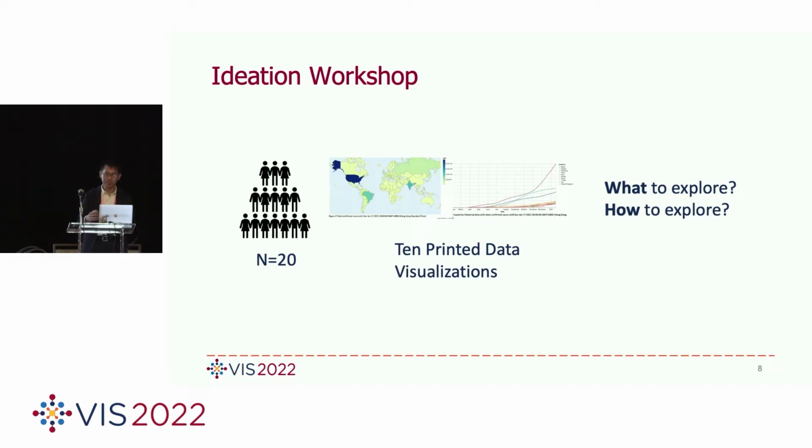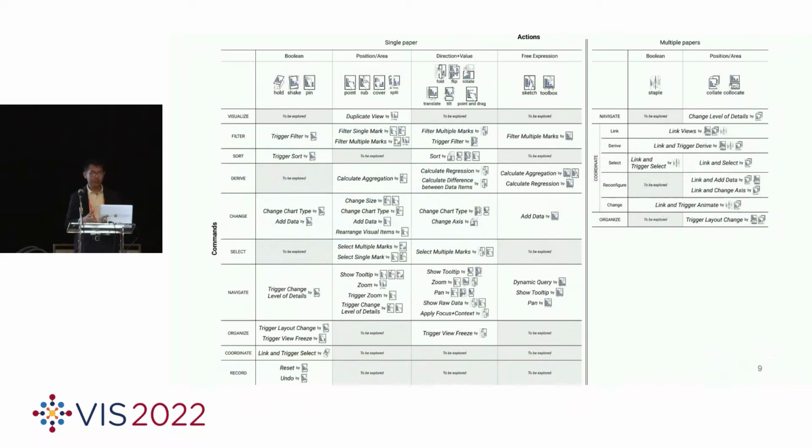To accelerate the brainstorming process, we provided actions and command prompts from the existing literature. Since there was a huge amount of interactions collected, we constructed a design space with three dimensions: commands, degree of information, and the number of paper sheets involved.